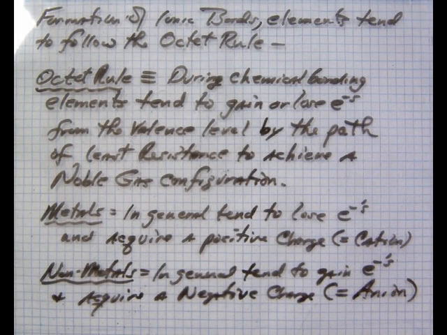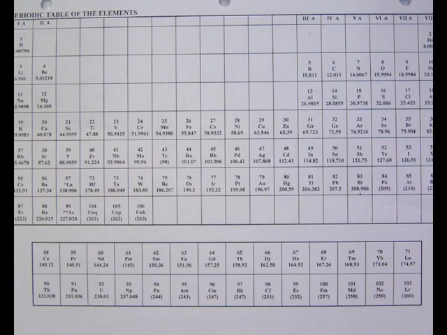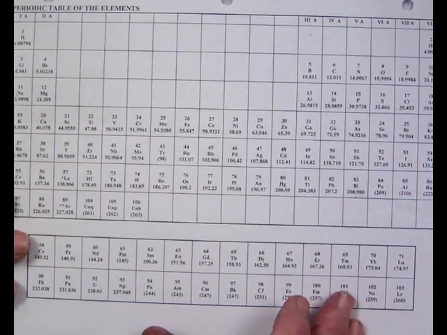Now, this gain or loss of electrons by the path of least resistance, we've covered this before, but I'll touch it, be sure we're on the same page, so to speak. Electrons are lost or gained to achieve the closest noble gas configuration.